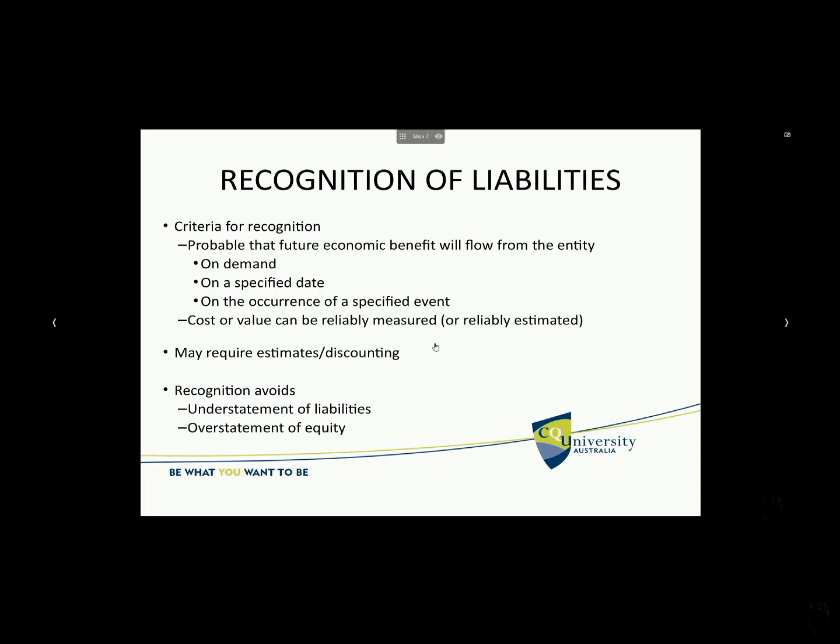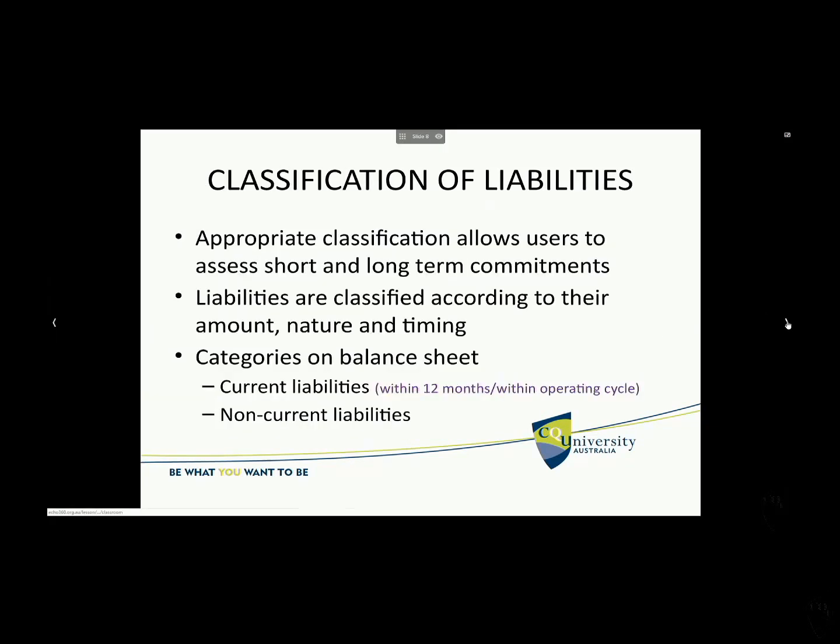Now, as we've seen here, the cost or value has to be reliably measured or estimated, and depending on when it is payable, due to be paid, the liability may be discounted. Okay. So what does recognition avoid? Well, it avoids the understatement of liabilities and the overstatement of equity.